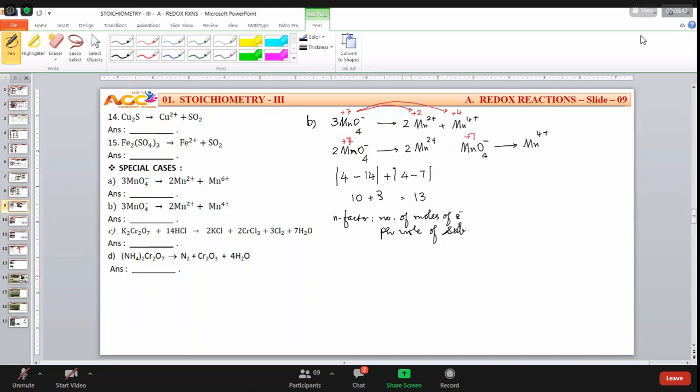Therefore, we are talking about 13 moles of electrons for 3 moles, so for 1 mole, the N factor is equal to 13 by 3. Go ahead, first try to understand this, then we'll proceed.